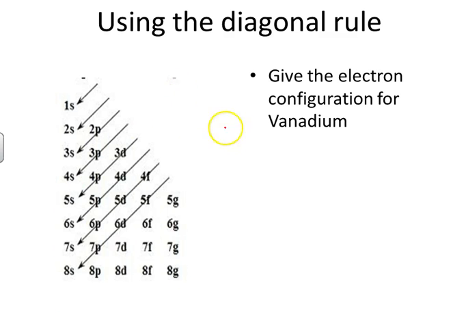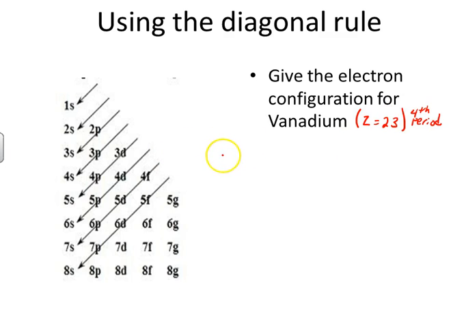So let's use the diagonal rule. We'll start with the electron configuration for vanadium. Vanadium has, as usual, we need an atomic number. So Z equals 23. This is also in the 4th period. So that means we're going to have at least a 4th energy level.